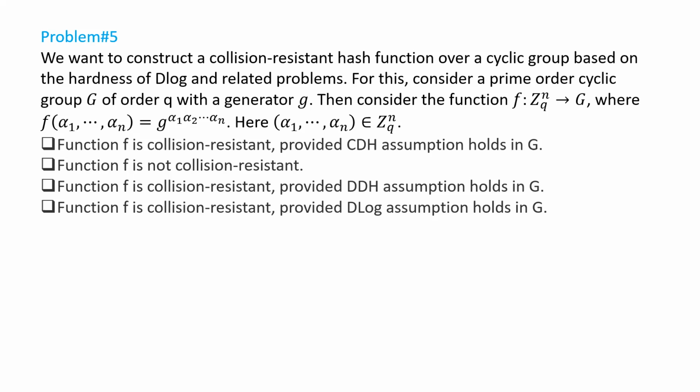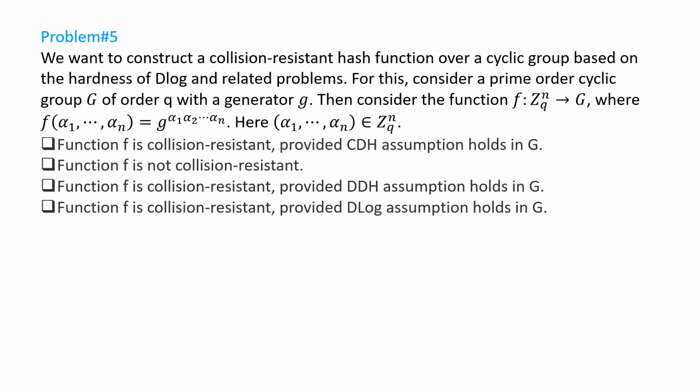Okay. So there is a question about whether f is collision resistant or not. Now it is very trivial to see that you can come up with two different sequences of values alpha 1, alpha 2 to alpha n, and some beta 1, beta 2 to beta n, such that their multiplication, if we are considering that this is a multiplicative group, alpha 1 into alpha 2 to alpha n, is equal to beta 1, beta 2 to beta n.